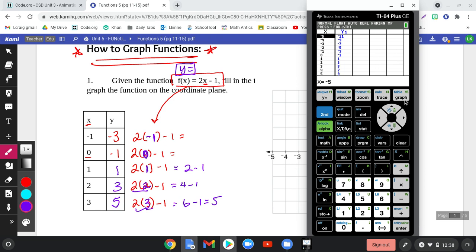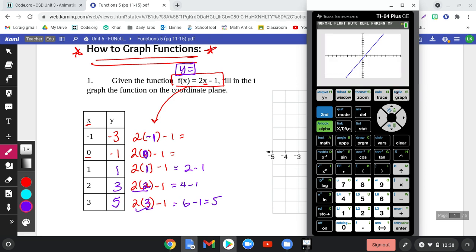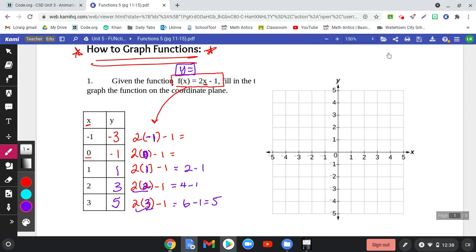And then the other cool thing, not only does it give you the answers, but if you hit graph, it shows you what your graph's going to look like. Well, we're only graphing a few points, so ours won't be that large, but we will connect the dots because I'm not just giving you points, I gave you a whole equation. But you can at least see the direction your line should be going.